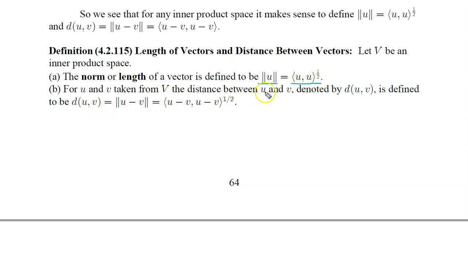And as for the distance between two vectors, we define it to be the norm of u minus v, and that is equal to the inner product of u minus v with itself to the 1/2 power. And that's it. That's how we define the norm and distance in a general inner product space.